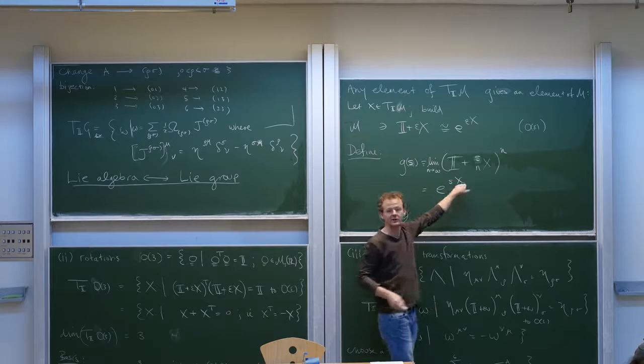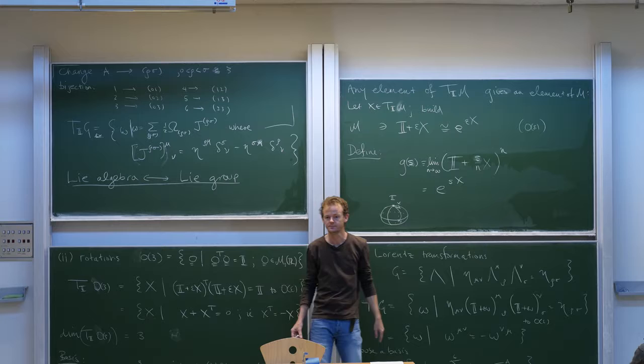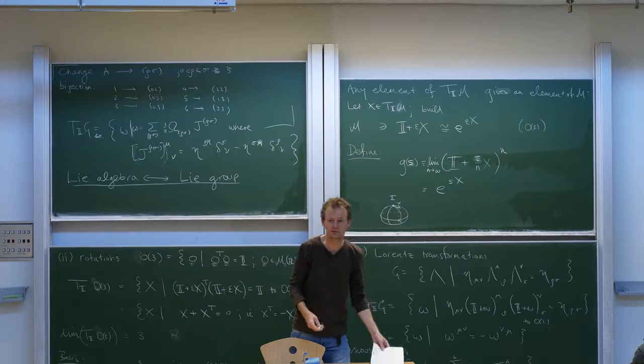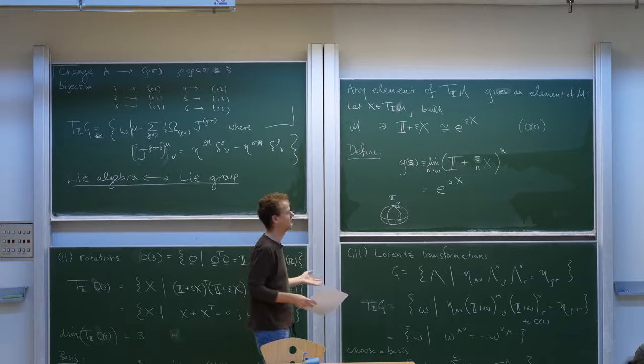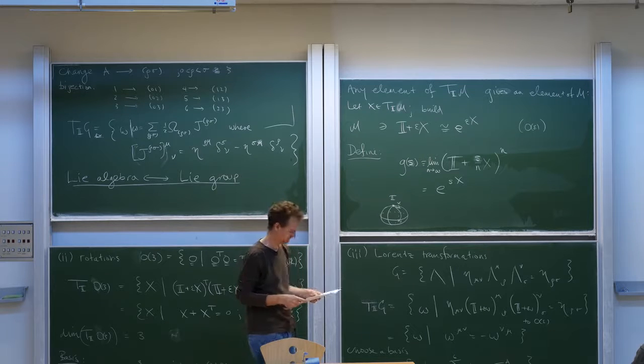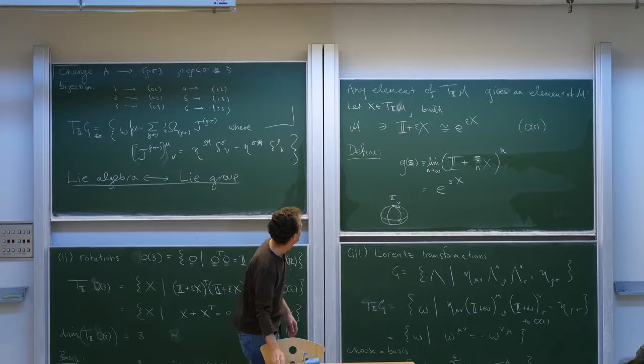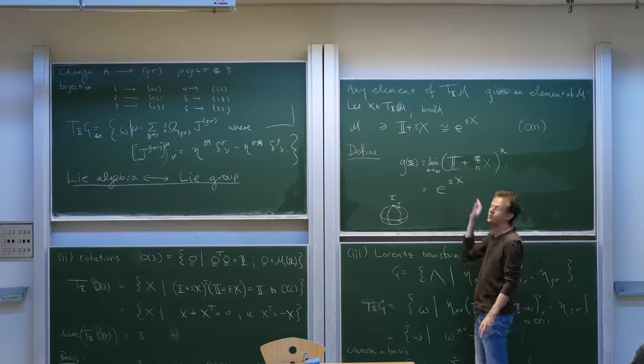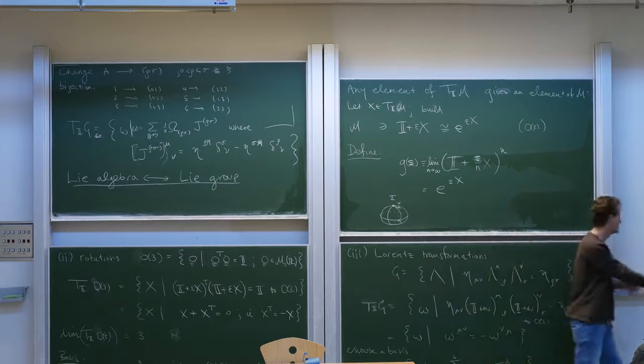Go in the direction of x. Keep walking in that direction. And then you'll end up at a point in the manifold. That point is called the exponential of sx. So to every tangent vector and a value of this parameter s, we get an element of the group by this exponentiation map.